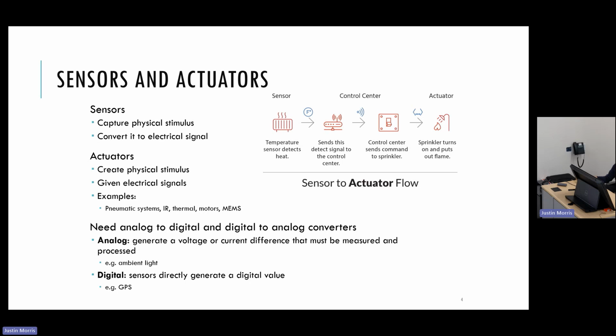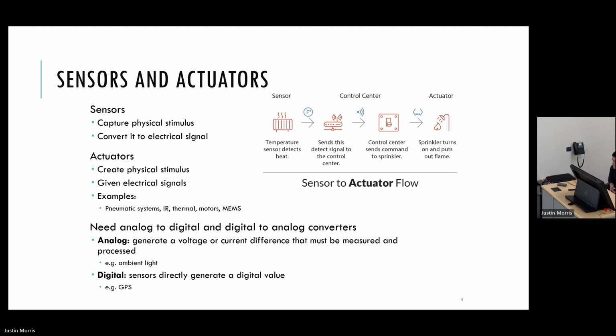So here's our sensors. They're going to capture the physical stimulus and convert it into some electrical signal, right? And then actuators are going to create this physical stimulus given the electrical signals that you send to it.